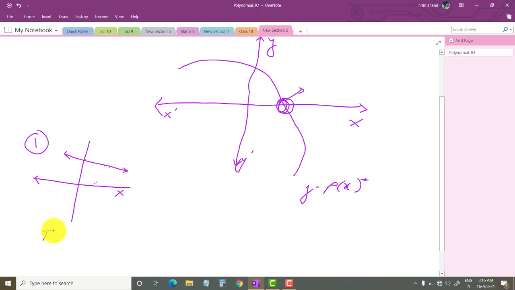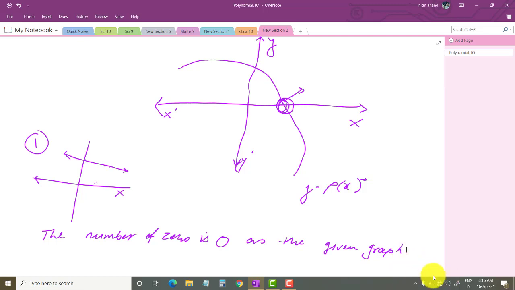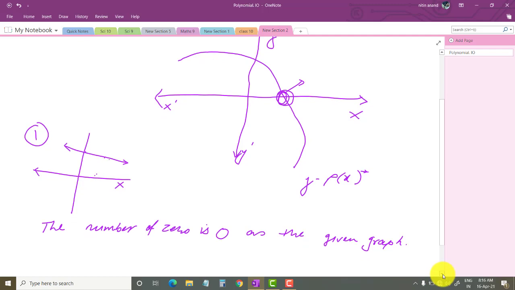We will write the number of zeros is 0 as per the given graph. Clear?